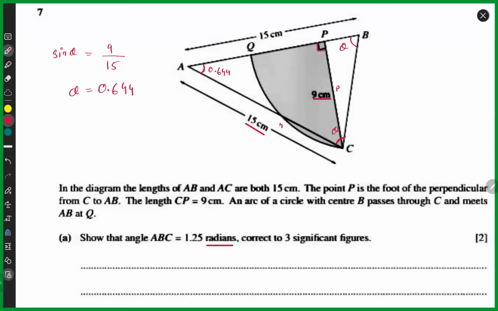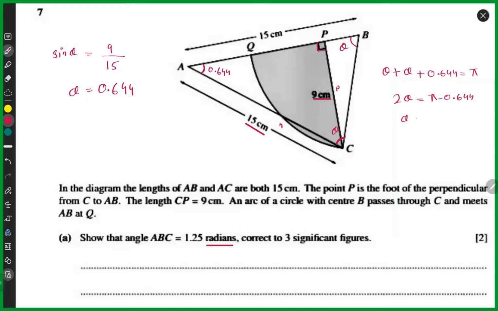Now we know that the sum of angles in a triangle is 180 degrees or pi radians. So I'll do theta plus theta plus 0.644 is equal to pi radians, and this would give me 2 theta equals pi minus 0.644.